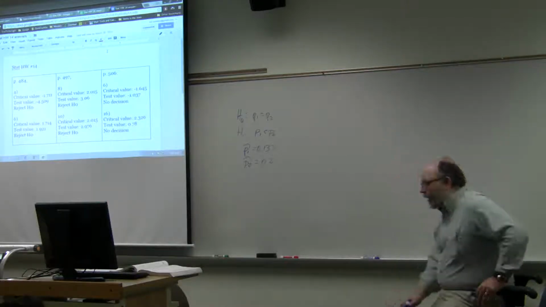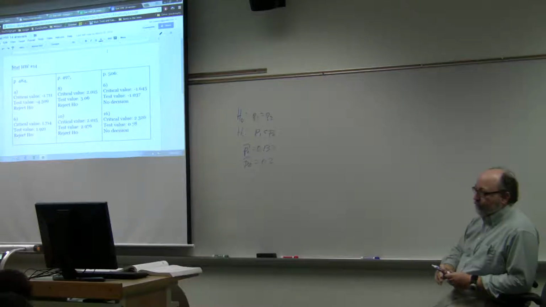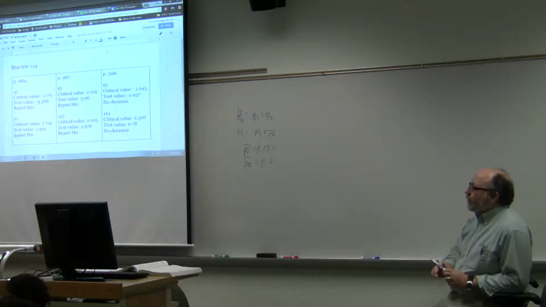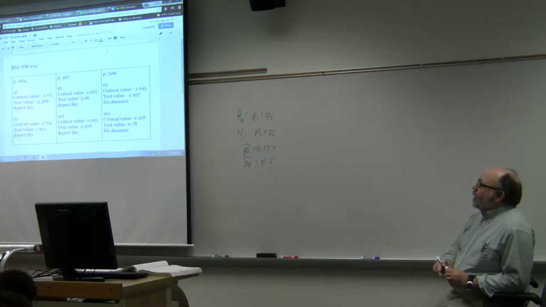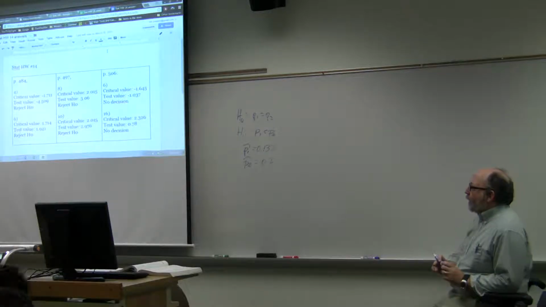Because if we have the sample, then we know which direction we're actually going. Okay. So, Alex, what's our next step? Find the critical value. Okay, so where do I look to get the critical value?